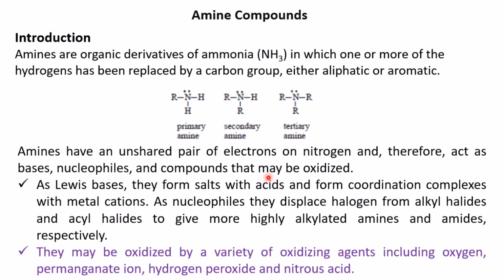As nucleophiles, they displace halogens from alkyl halides and acyl halides to give more highly alkylated amines and amides, respectively. They may also be oxidized by a variety of oxidizing agents such as permanganate, oxygen, hydrogen peroxide, and nitrous acid.